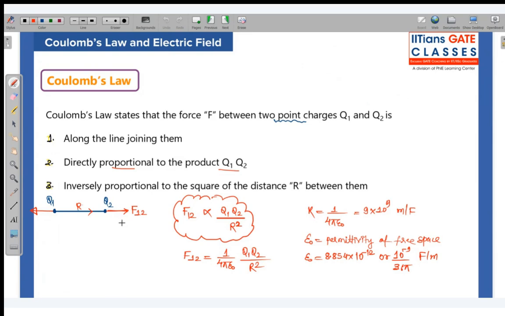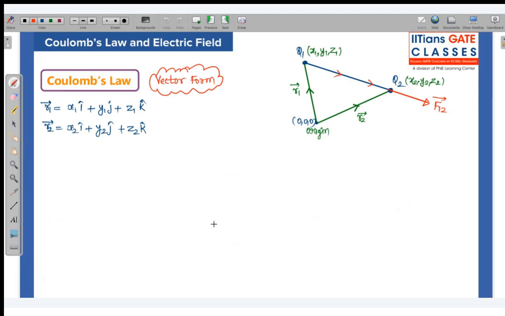This is still true, but we will be telling the direction of the force according to the vector form. When you write in the vector form, it will automatically give you the direction, whether it is for like charges or unlike charges. Because you want to calculate the force on the charge Q2 due to Q1, I will join the line from 1 to 2, and give the name F12, force from 1 to 2.